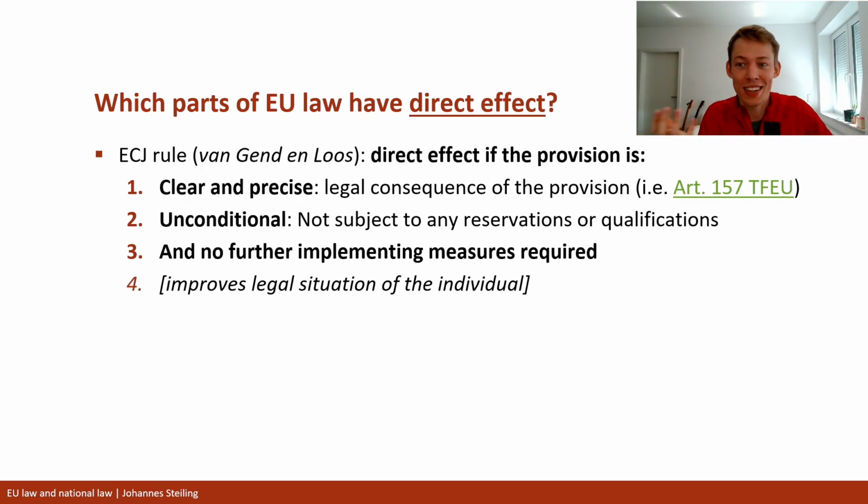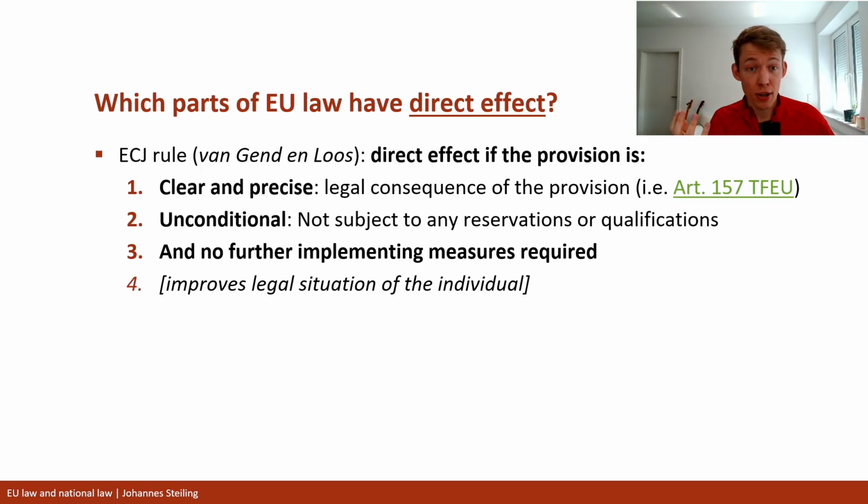So basically, it's not true that an EU legal provision, in order to have direct effect, always improves the legal situation of an individual, because especially in horizontal law cases, it usually doesn't, at least for one of the individuals, right? So the ECJ has held this for some, mostly for the economic freedoms, but not for all EU law provisions, especially not for regulations.